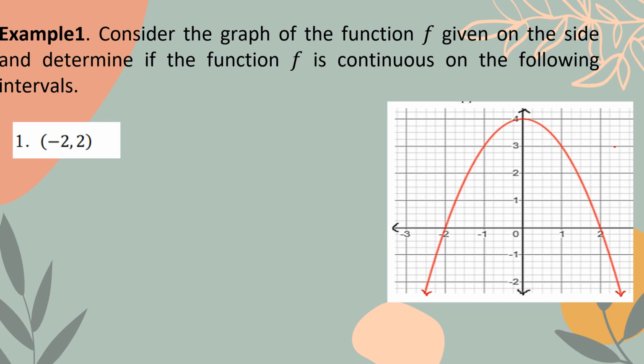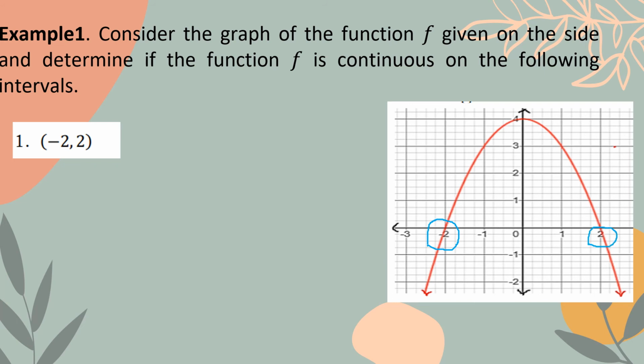I cannot zoom it, so I just have negative 2 here. This is the red one. We have from negative 2 until positive 2.